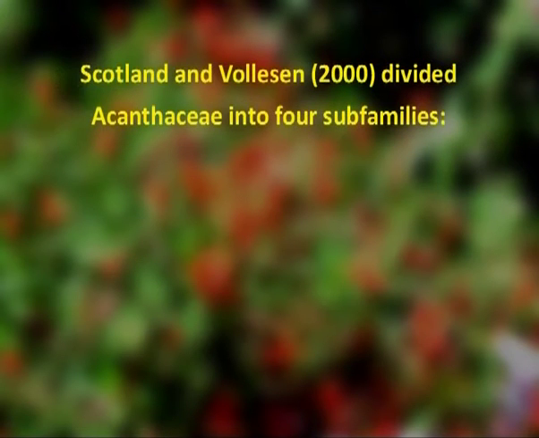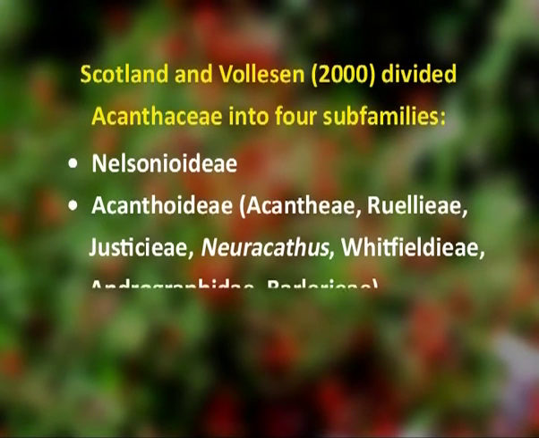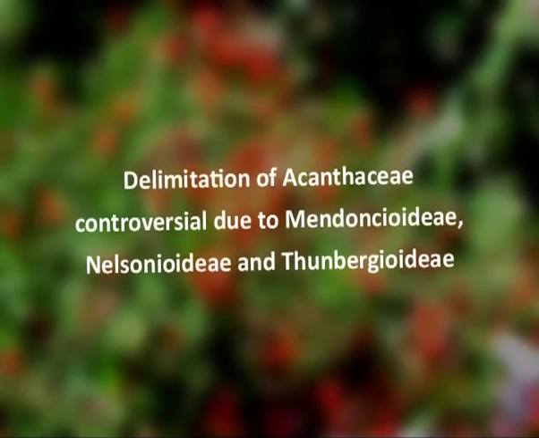Scotland and Vollesen divided the family Acanthaceae into 4 subfamilies. Number 1, Nelsonioideae; number 2, Acanthoideae, containing Acantheae, Ruellieae, Justicieae, Neuracanthus, Whitfieldieae, Andrographideae, and Barlerieae; number 3, Thunbergioideae; and number 4, Avicennioideae.